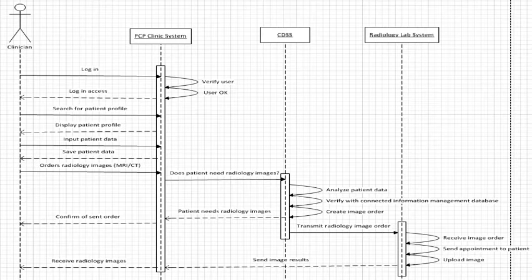And so the different activities performed, starting with the clinician logging into their clinic system, and then being able to order the radiology image if deemed necessary by the CDSS with the knowledge base database. And then they will transmit the radiology image order to the radiology lab system, where they'll send the image results back to the PCP, and that's where the clinician is able to use those images to determine the appropriate diagnosis.